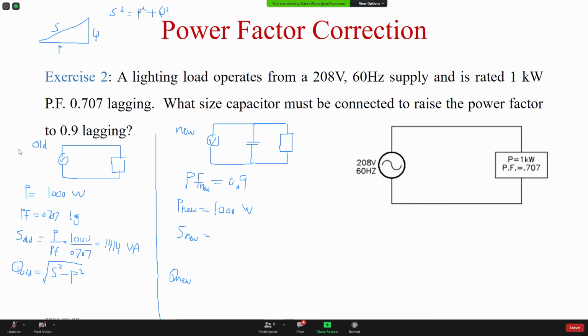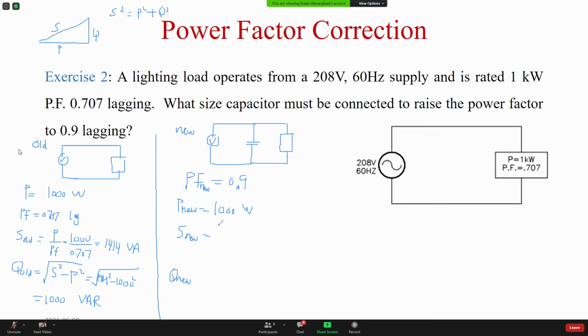So if I want Q, I move this to the other side, it becomes negative, and I take the square root. So this is 1414 squared minus 1000 squared under the square root. This gives me 1000 volt ampere reactive.